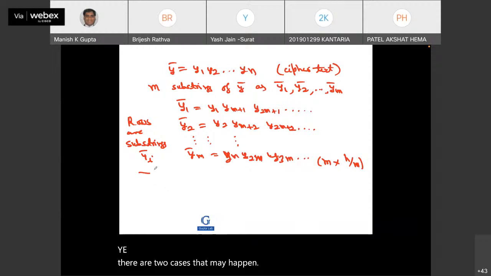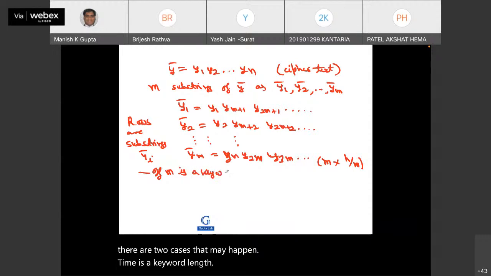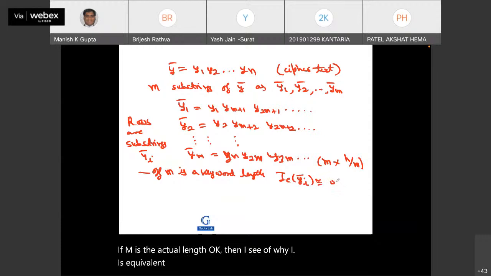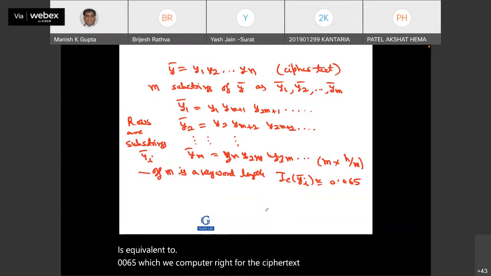If m is the actual keyword length, then the IC of yi bar is approximately 0.065, which we computed for the ciphertext.